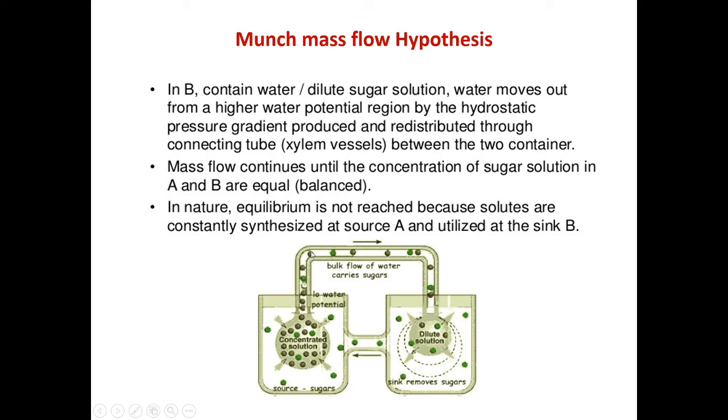This acts as a driving force. Okay, so this pressure is transferred from osmometer A to osmometer B through this tube. So in this way, these molecules are transferred in mass to the osmometer B.